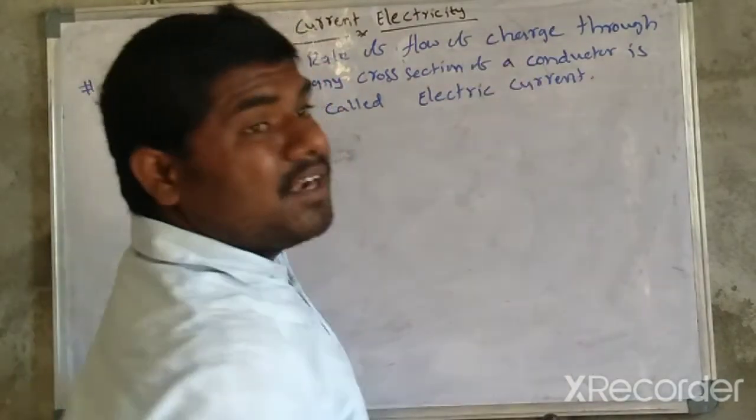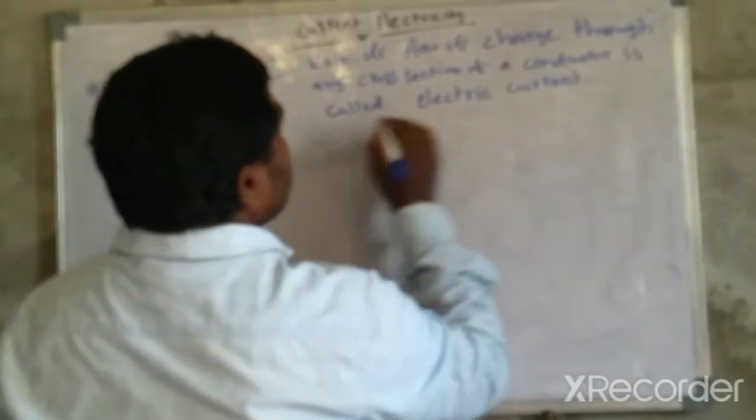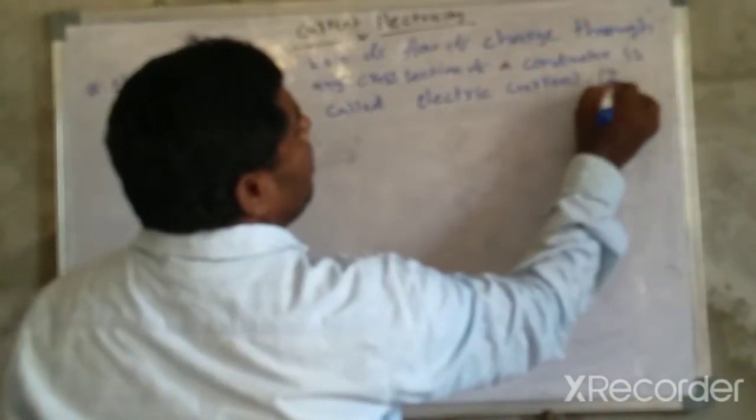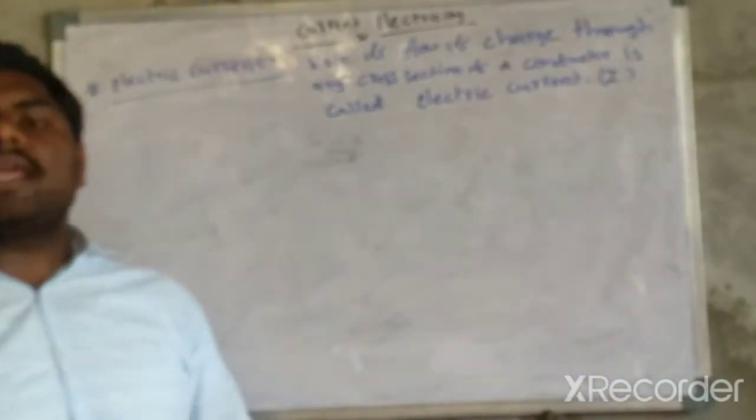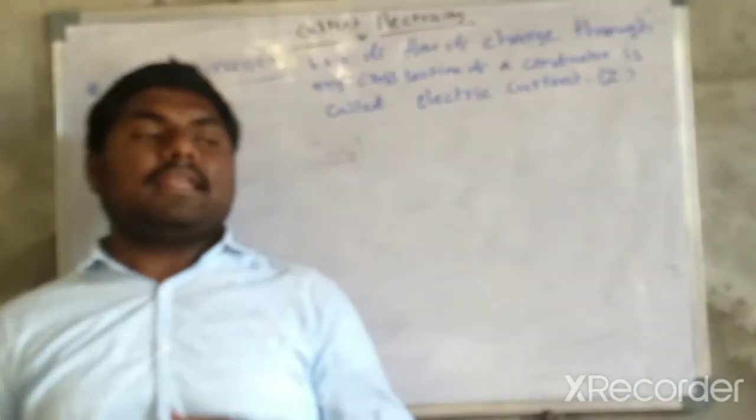Electric current is denoted by the letter I, capital I.